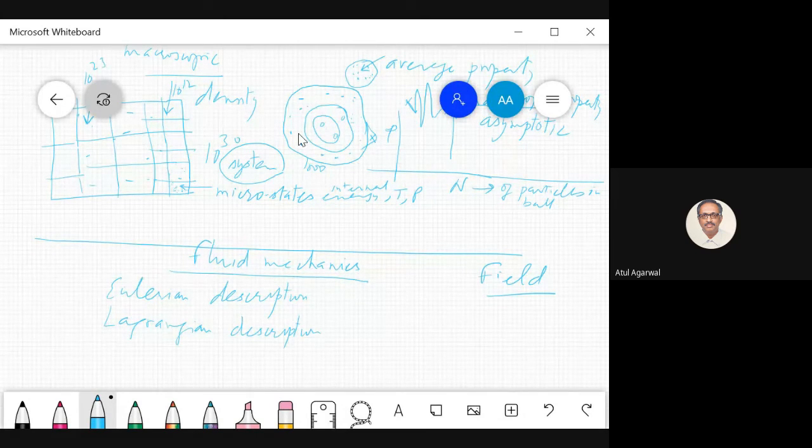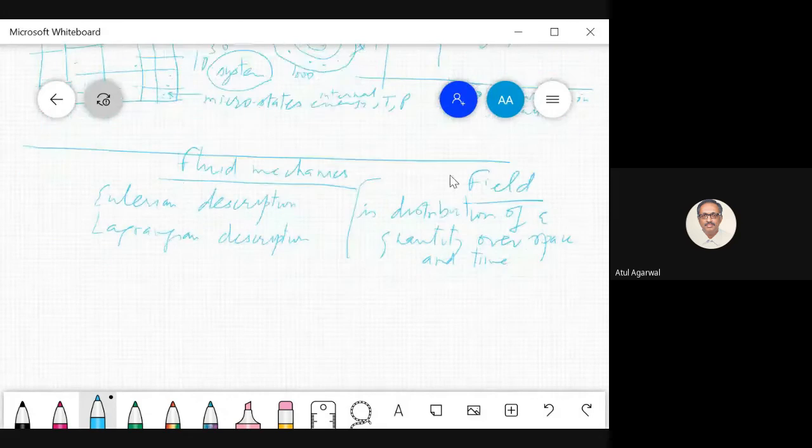Things experience force in a field. There's a region which is affected by a force. Field is a distribution of a quantity over space and time. If you define any quantity, describe its values over space and time, it is called a field. Temperature field, pressure field.